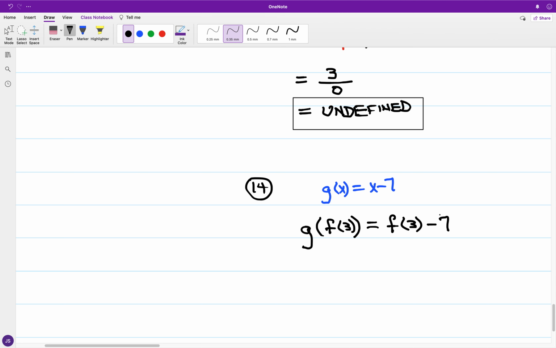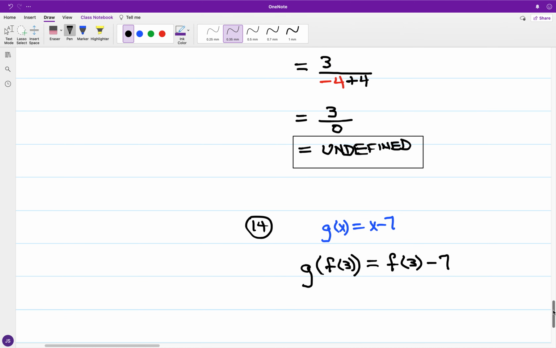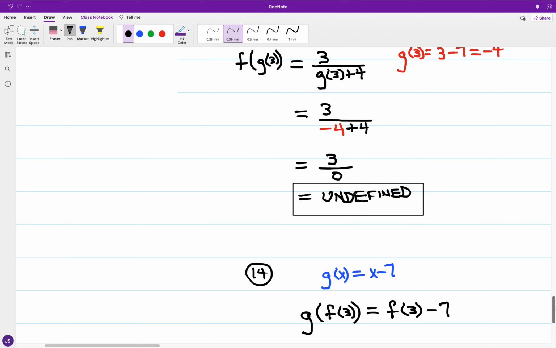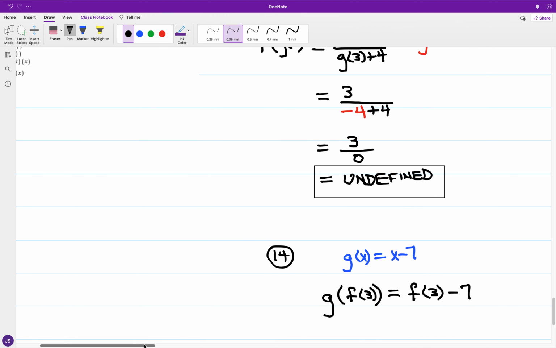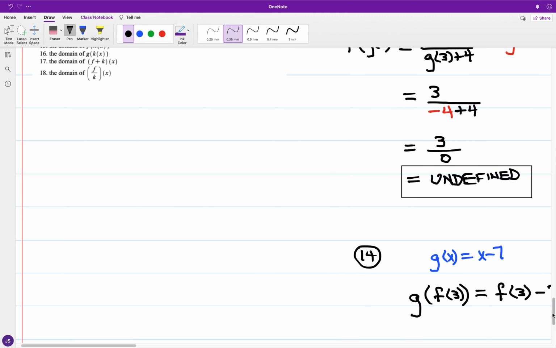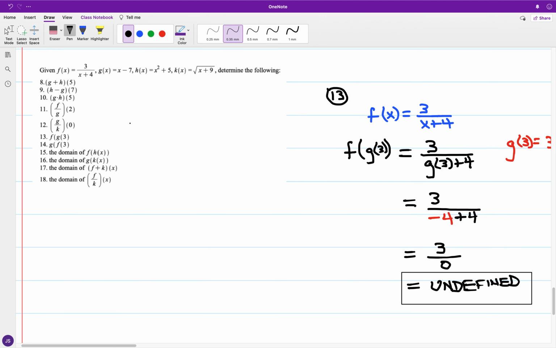And looking at what we have for f of 3, okay, so for f of 3, again, with our function f of x, you have f of x equal to 3 over x plus 4.